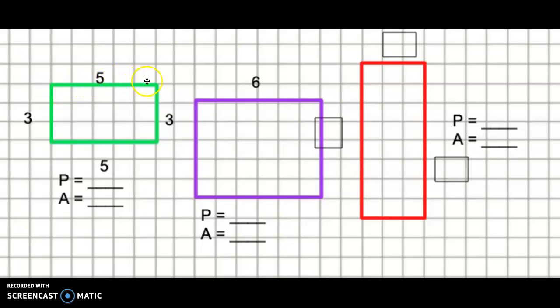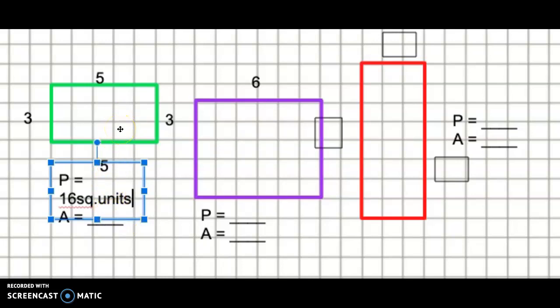I would add those all together to find my perimeter, or my fence, and that would be 5 plus 5 is 10, plus 3 plus 3, I would be at 16 square units. So I write square and then units. Let's look at the area.